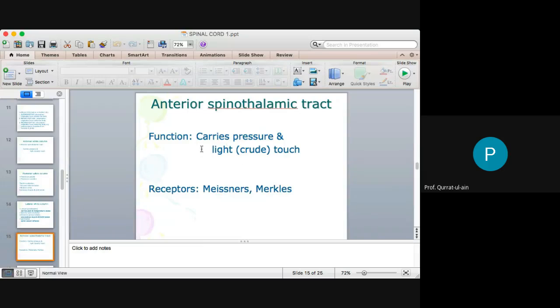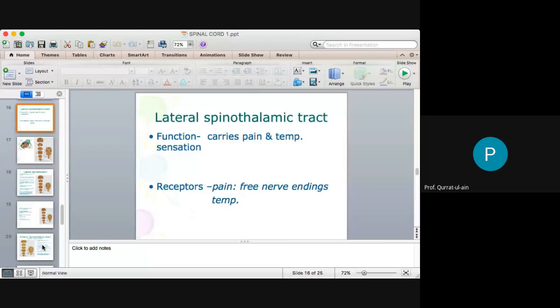Anterior carries pressure and light touch, and the receptors for pressure and light touch are different: the Meissner's and the Merkel's discs. The lateral spinothalamic tract is responsible for pain and temperature sensation, and this is carried by the receptors, which are the free nerve endings.